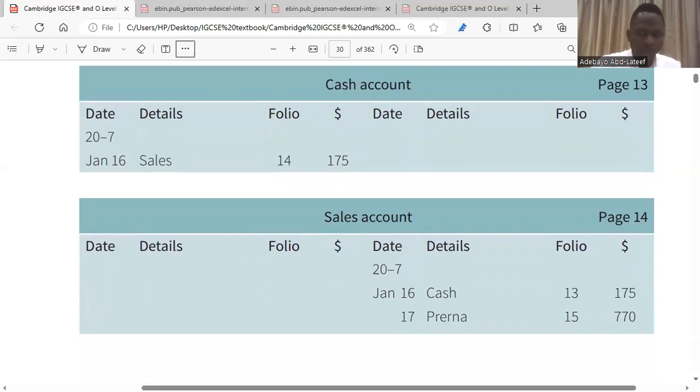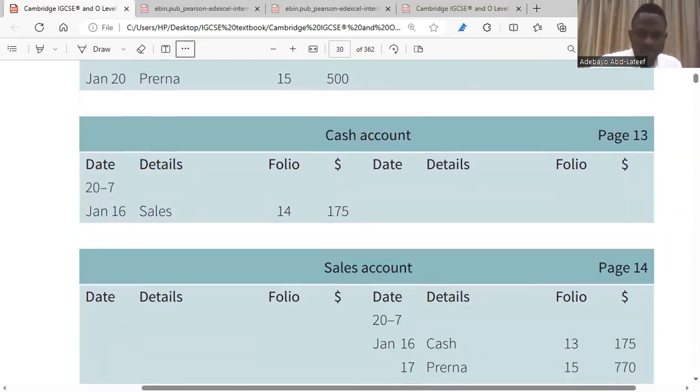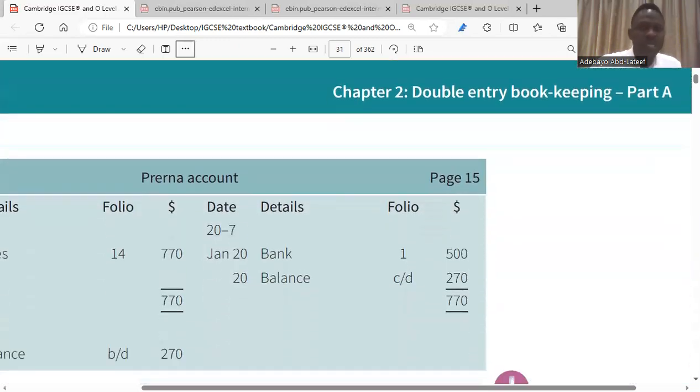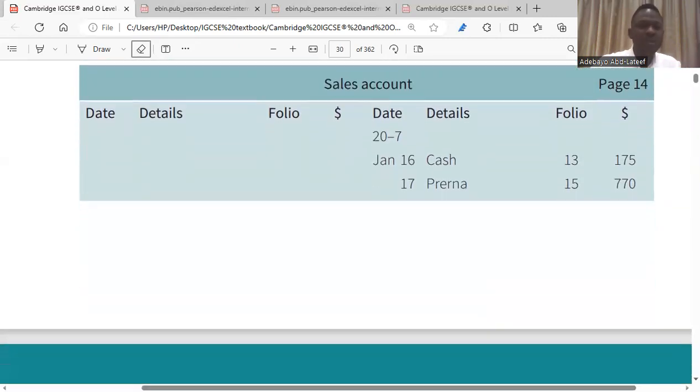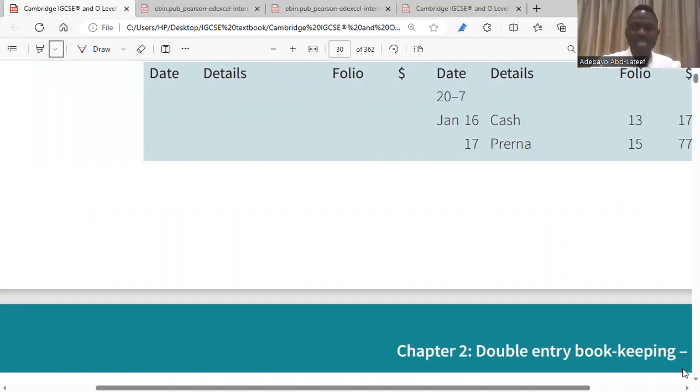Is it clear? So in your sales account, we have two things already. We have the cash of 175 and Prerna, which is 770, who is the trade receivable. Then Prerna's account. What do we have again? So Prerna has received goods from us, which is a debit.